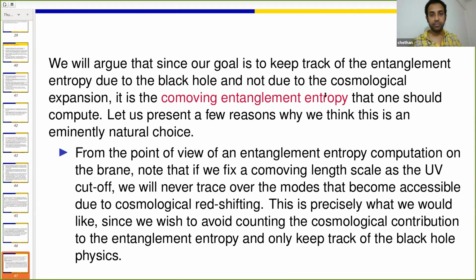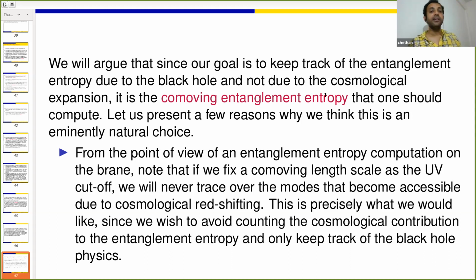I can come back to that if there is a question, because it does require some explanation. But I think the more interesting thing here is what one should really calculate when computing entanglement entropies on the brane world. The proposal is that you should compute the co-moving entanglement entropy. There are a bunch of reasons why this is the natural thing.